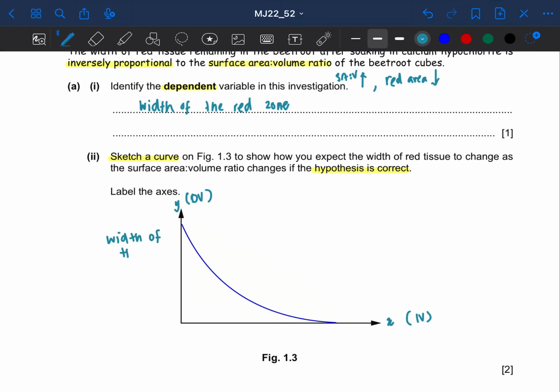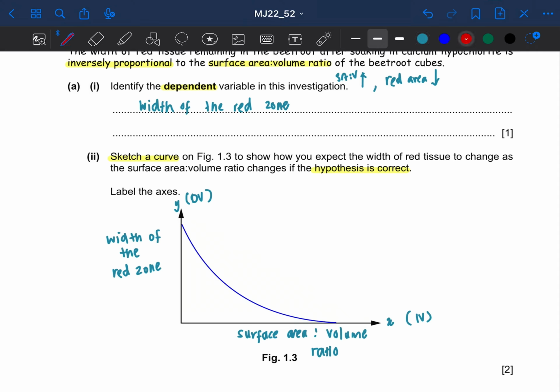Whereas the independent variable, which is going to be on the x-axis, would be the surface area to volume ratio. So that's the points.